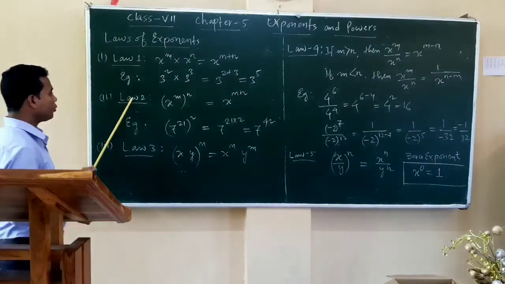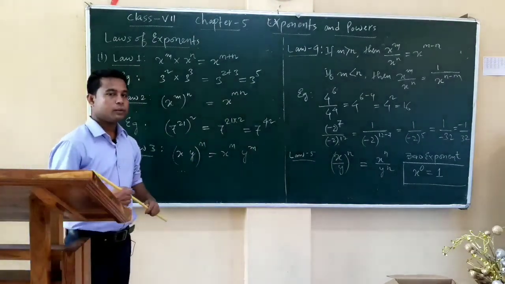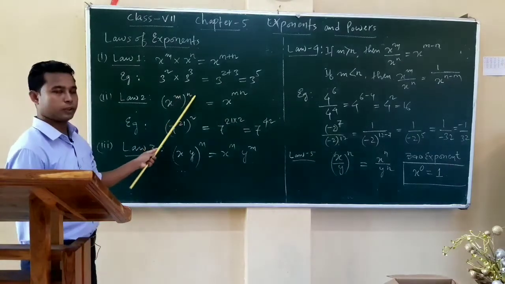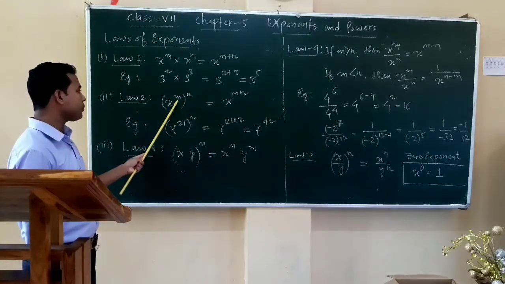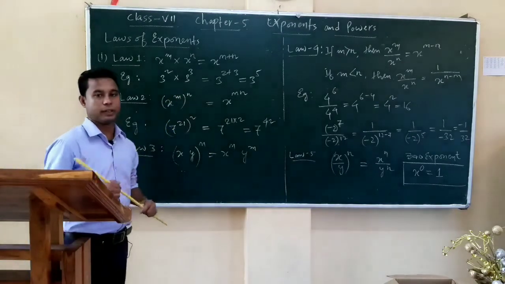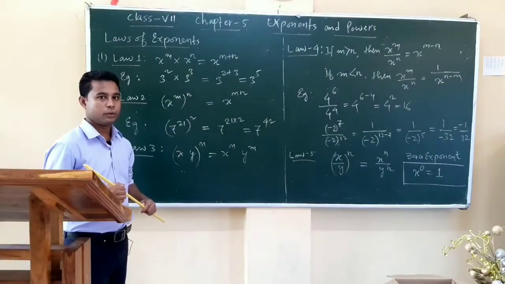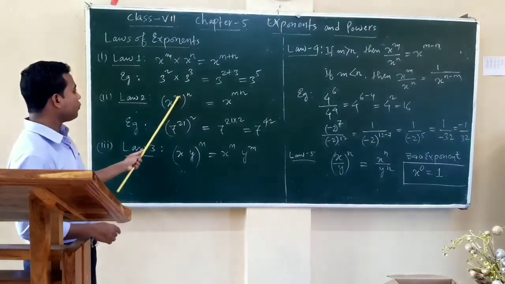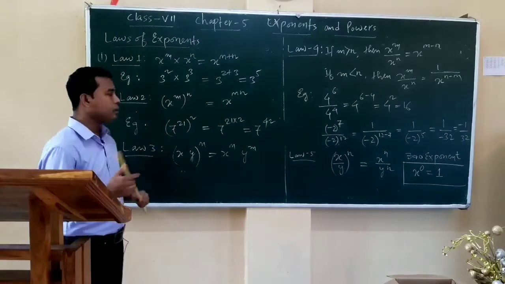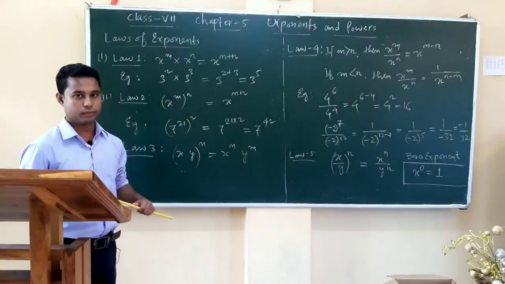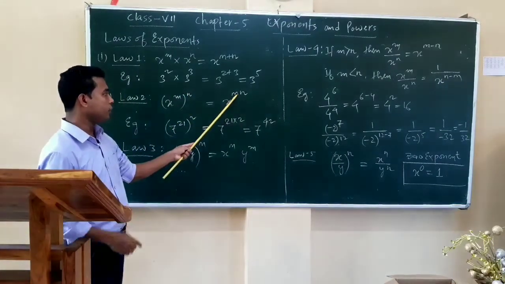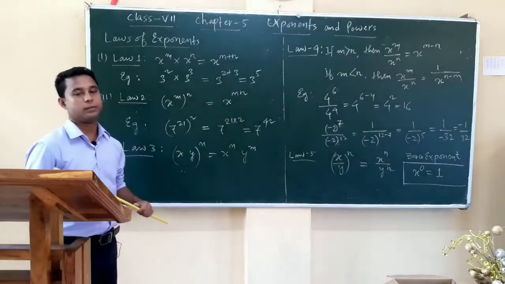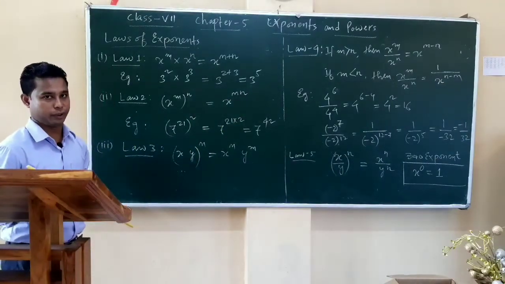Okay? Then law 2. So, you see here we have two exponents. One is inside the bracket and the other is outside the bracket. So, in this kind of case, what you have to do is multiply the exponents. So, x raised to the power m into n. You have to multiply the exponents.